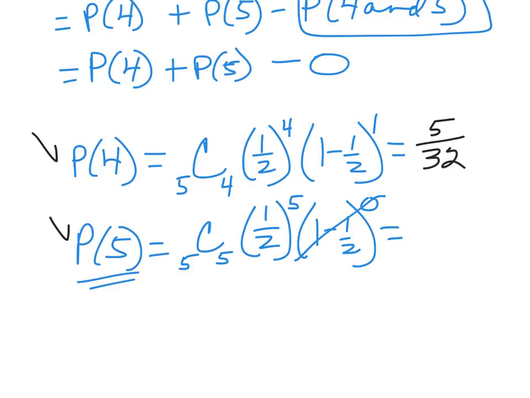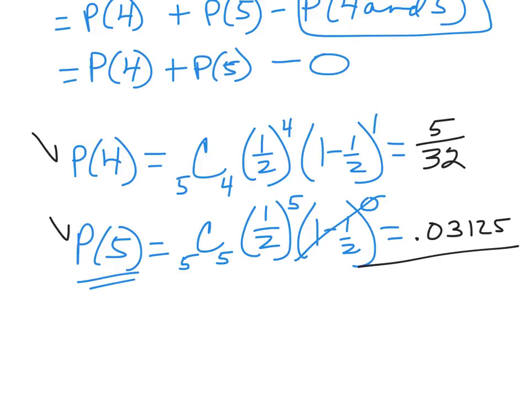And I agree with that. Okay. Now, actually, it's 1 out of 32 for the probability of 5, which as a decimal is 0.03125. And by the way, unless they tell you to give your answer as a decimal or a fraction, it doesn't matter which one you give.